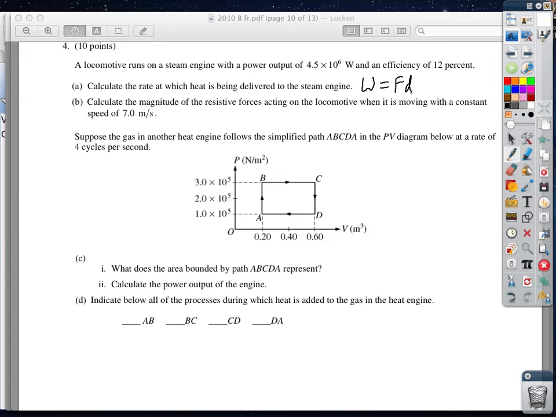And we know the work output is 38 megawatts. Sorry, it's not watts per second, that would be weird. It's joules per second. So we're doing this much work in 1 second.